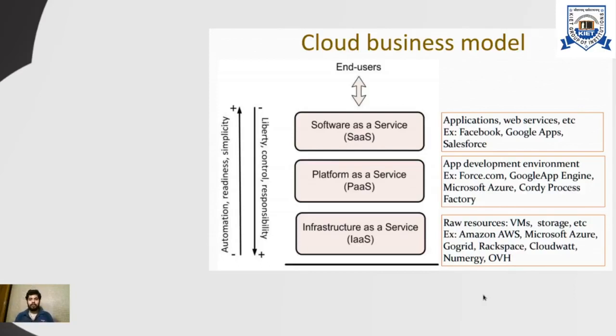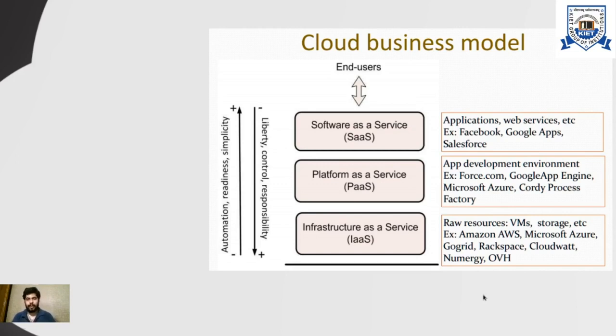So in infrastructure as a service, the user has an interface where they can virtually control the storage, networking and computation part. They are providing all the authority to the users to control their computing resources.